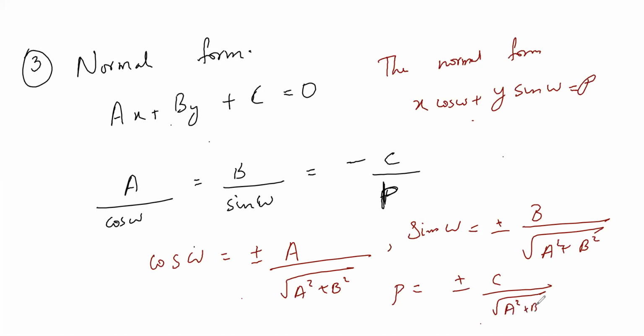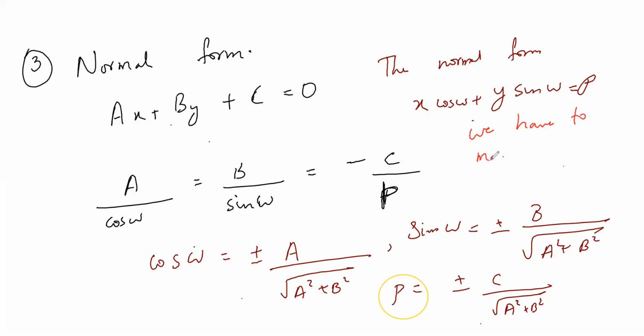But the only thing we have to remember here is what? We have to always choose values of a and b so that p will be positive. P value should be always positive. So we have to make use of proper signs.